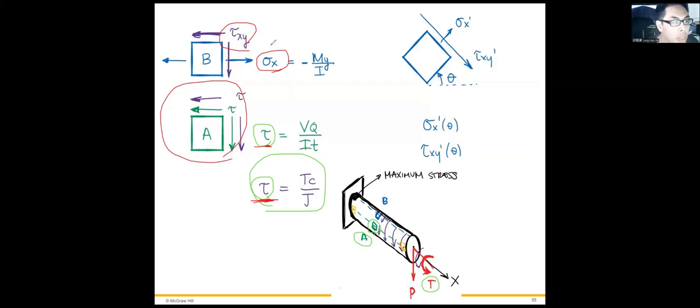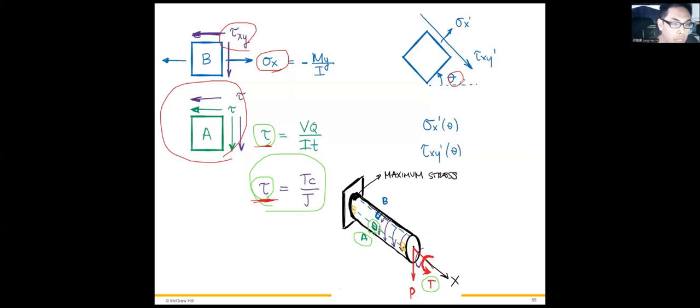Okay. So if we look into any point, either A or B, and we rotate by a specific angle, we can reach other specific stress values of sigma x and tau xy in the different coordinates.